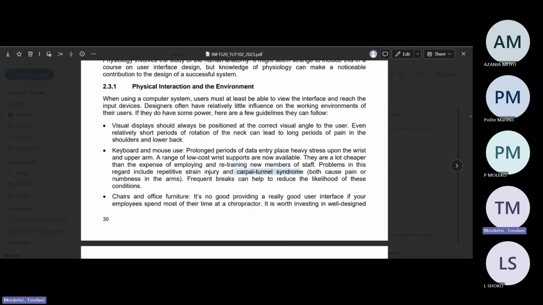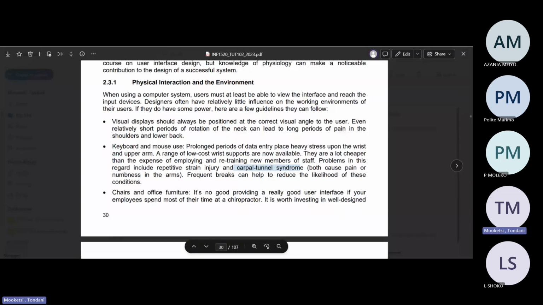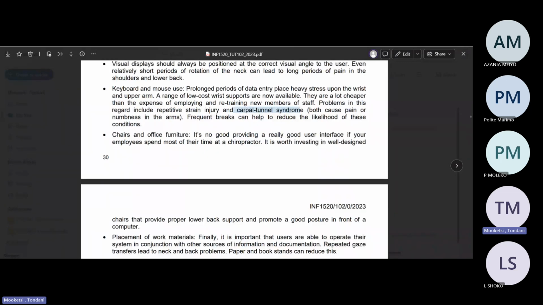So that is actually a problem that is caused by prolonged use of things like keyboard or mouse or even the mobile devices. Chairs and office furniture.